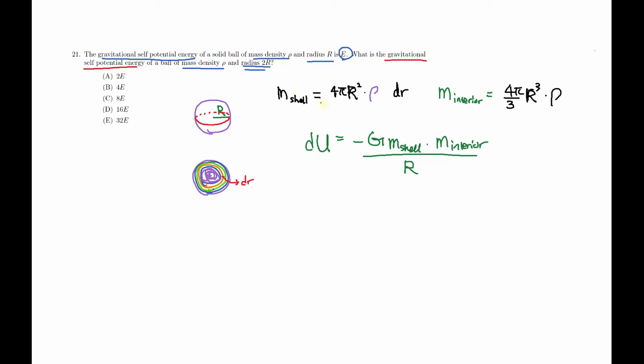And I'm gonna plug them in before I integrate, and see if I can pull out some constants. Negative G, now I'm just gonna jam them up.